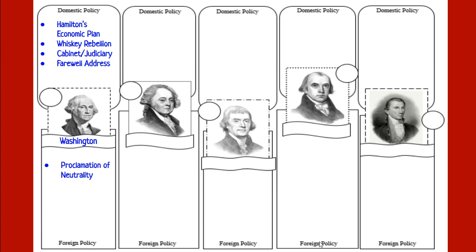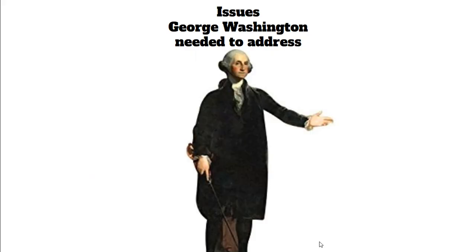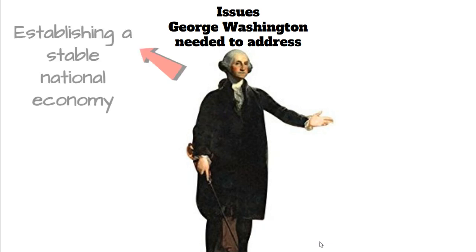His proclamation of neutrality is his best known piece of foreign policy, and really this was just his decision to stay out of the conflicts of Britain and France and other European nations, and for the United States to remain neutral.